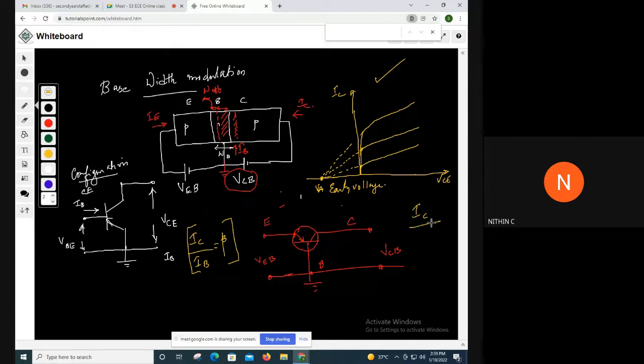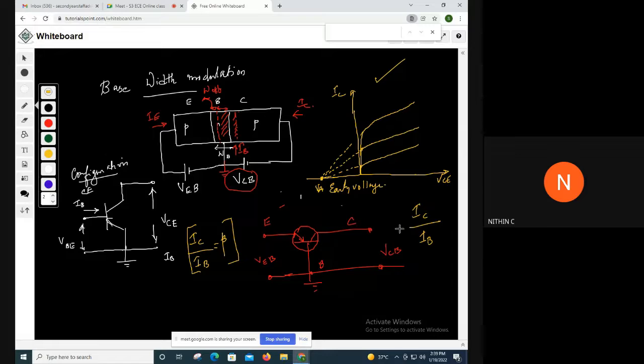Which will be the input current in this part? Output by input is the gain, and I am writing the gain only. The input current is IE.